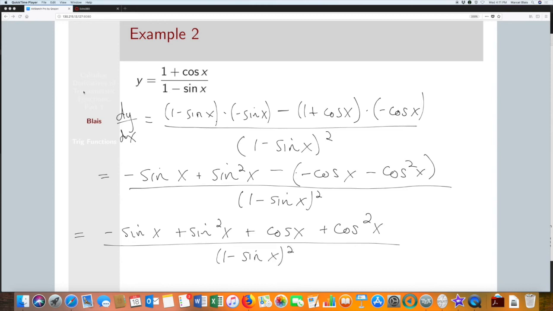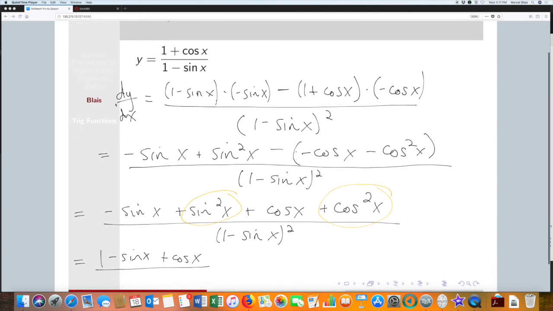And the one thing that we can simplify is that sine squared x and cosine squared x do add to 1. So this becomes 1 minus sine of x plus cosine of x, all divided by the quantity 1 minus sine of x squared. So this gives us an example where we use the quotient rule on an expression and a function involving sines and cosines.